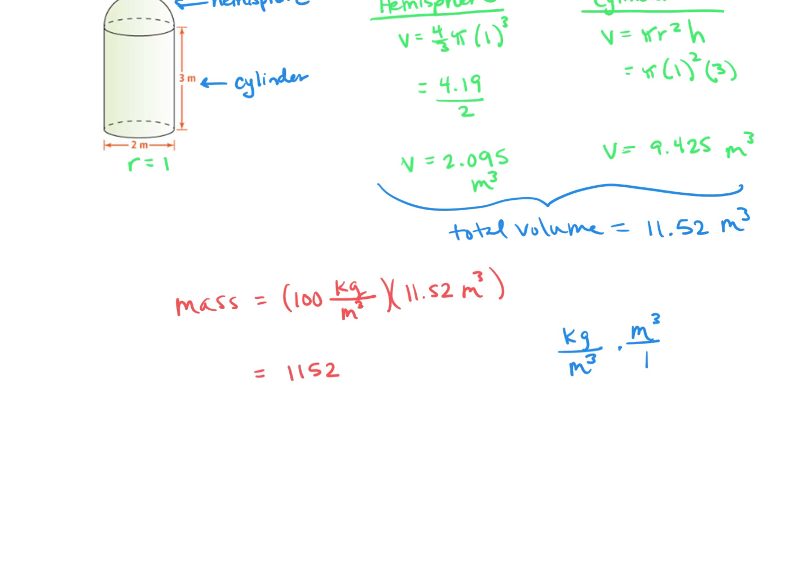And what happens is our labels kind of cancel each other out, and you can see that in the result, the resulting label will just be kilograms. So mass has a unit of just kilograms versus kilograms per meter cubed. Just mass is 1,152 kilograms.